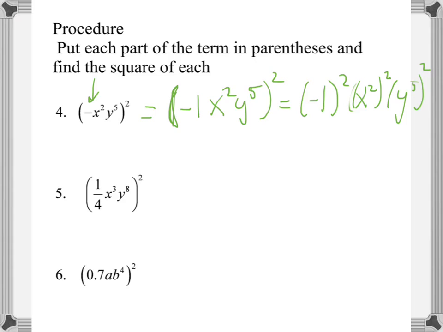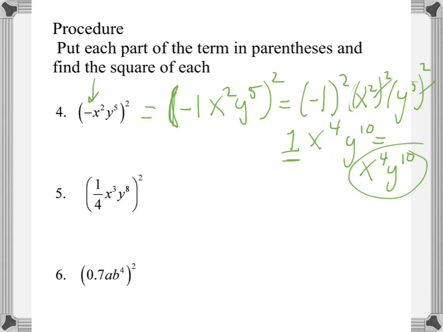Negative 1 times negative 1 is positive 1, so I'd have 1, and then these two would make x to the 4th, and then we'd have y to the 10th. This would just be x to the 4th, y to the 10th, because that 1 doesn't need to be written there, since 1 times anything is itself.